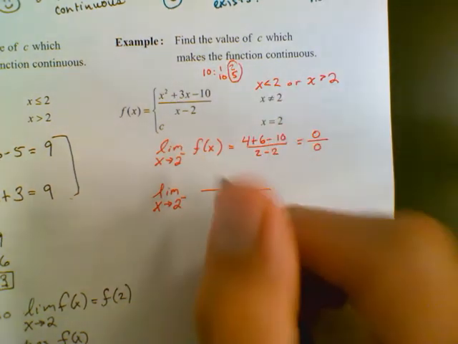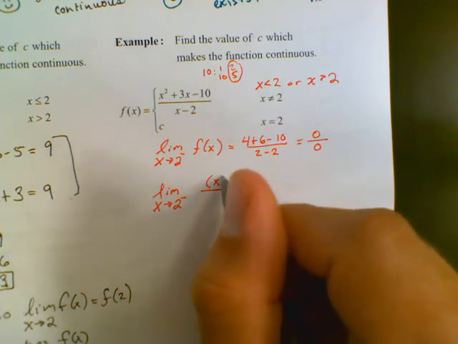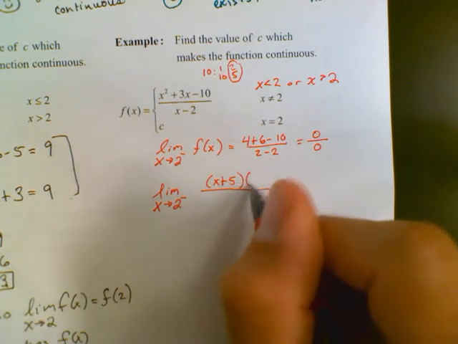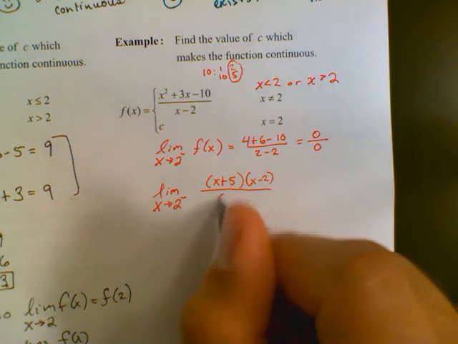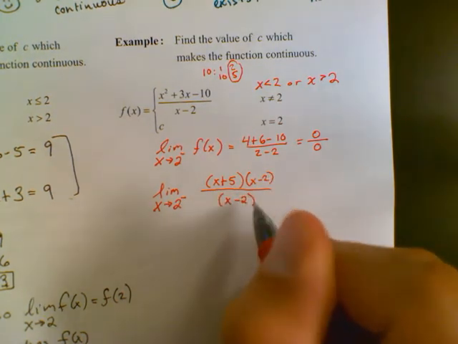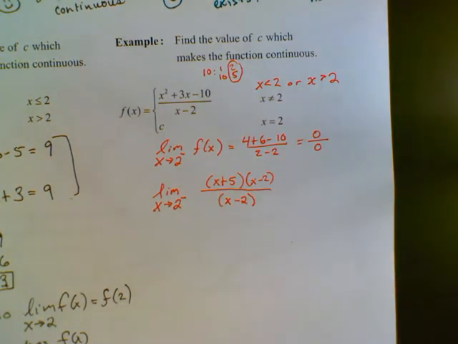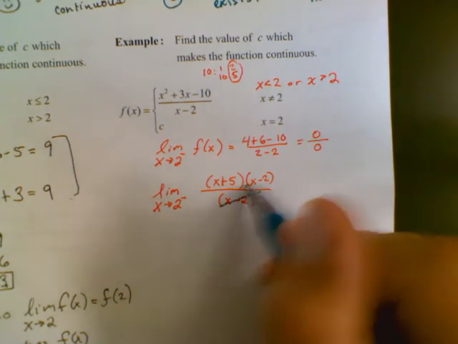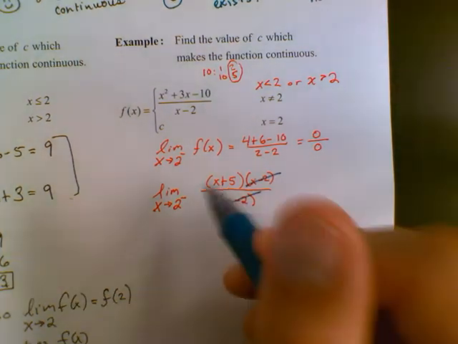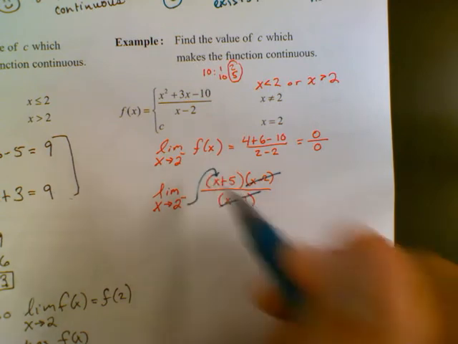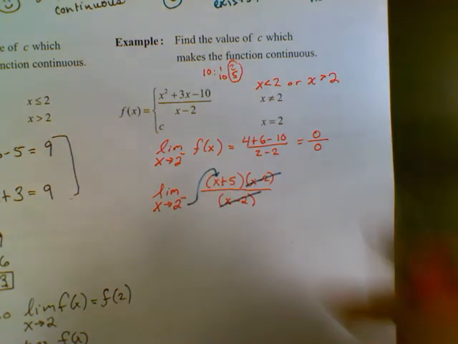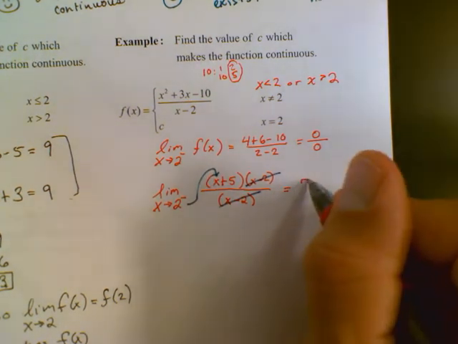I think that'd be plus 5 and a minus 2. So x plus 5, x minus 2, and now I have an x minus 2 in the denominator. Thankfully, I can cancel out. Once I've canceled out, I can drop the 2 in, and that's going to give me an answer of 7.